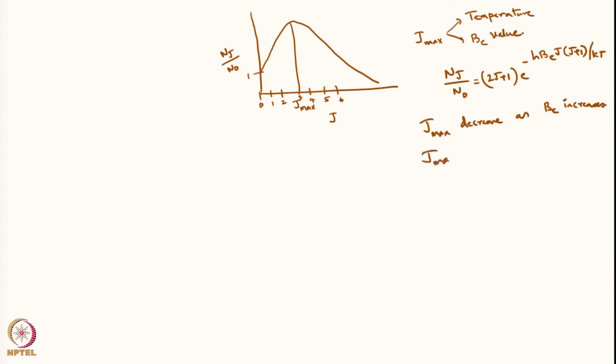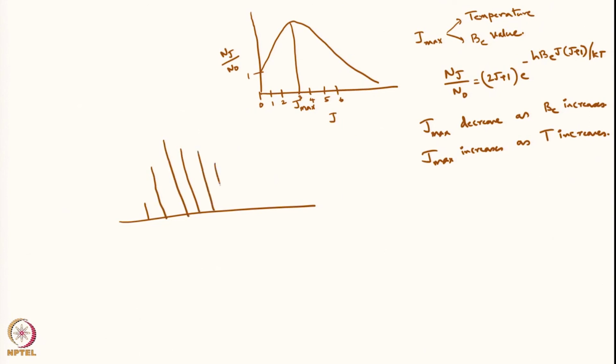Also J max increases as T increases. So depending on the molecule and the temperature, the J max will keep changing, because for different values of temperature and rotational constant B_e there will be different J max. Therefore, the rotational spectrum will look something like that. It will have intensities which will go up and come down.